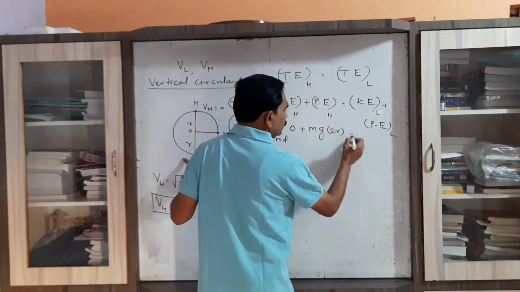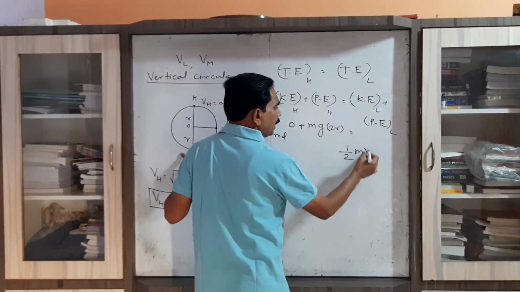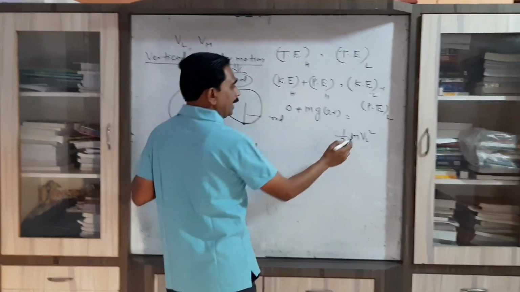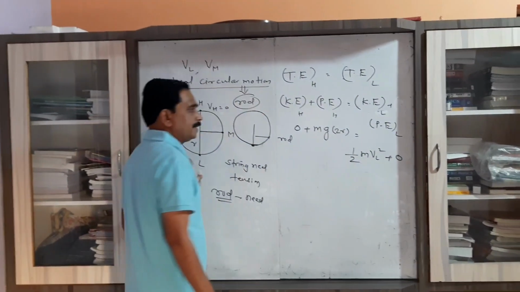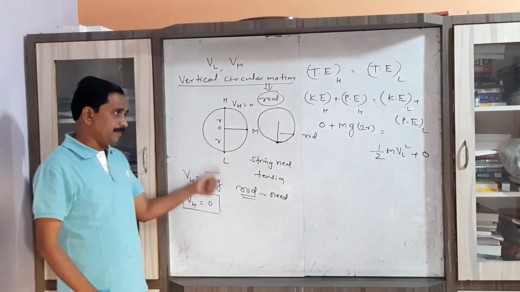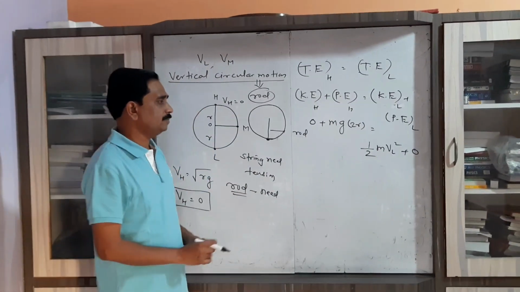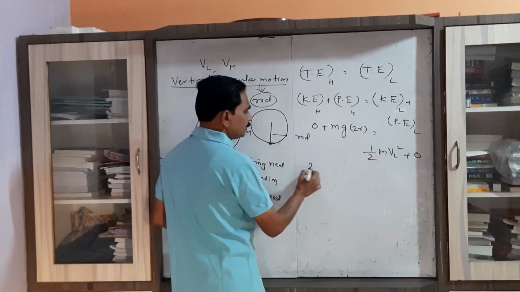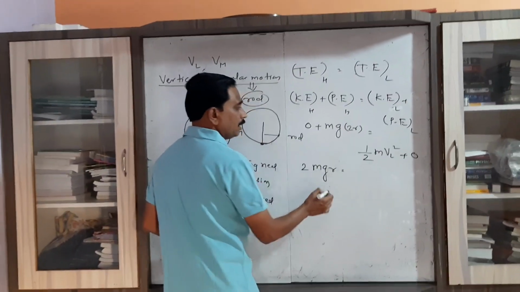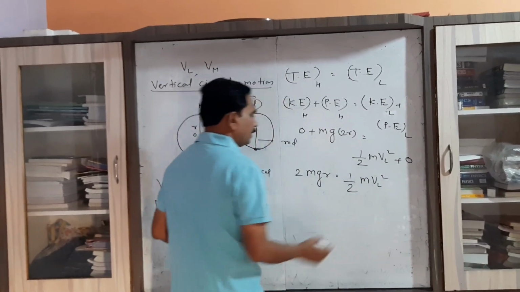At the lowest position, you have to consider the formula for kinetic energy as half m vl square, and as the height at the lowest position of that body is equal to 0, therefore potential energy becomes 0. Now simplifying this equation, we have twice mgr equal to half m vl square.